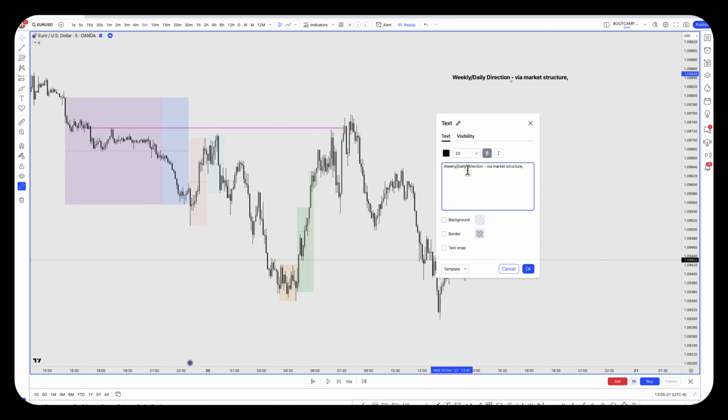For some of you, it's fundamentals. For our guys, it is liquidity. For some, it is SMAs, EMAs. However you get your directional bias, you need to have a way to get your higher time frame directional bias, right? So pretty straightforward, nothing new here.